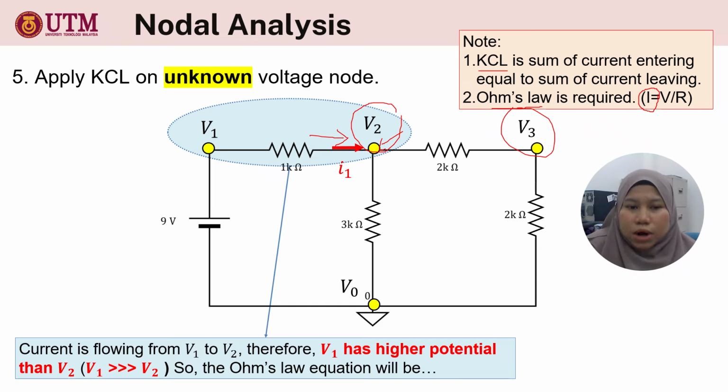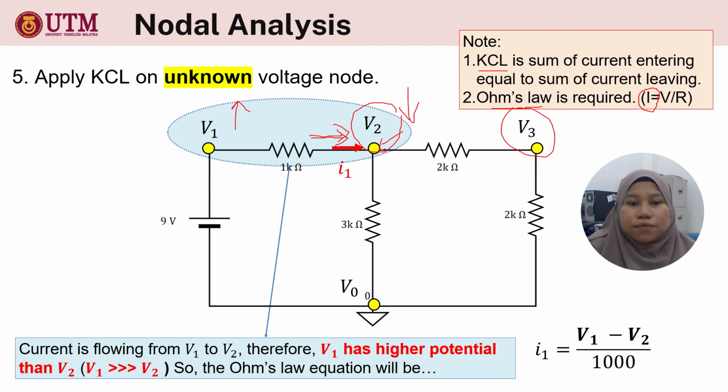So V1 has higher potential than V2. Okay? This is all assumption, because we assume that this is the direction. So we assume that V1 has higher potential than V2. Alright. So the Ohm's law equation must be V1 minus V2 divided by 1000.